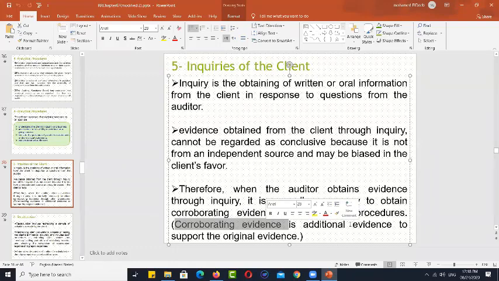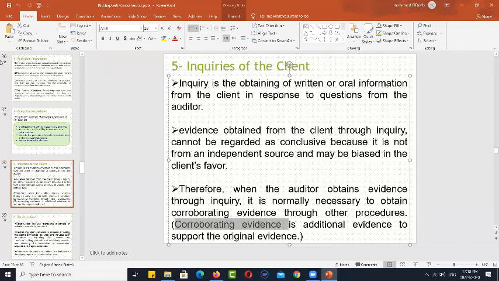For example, I asked for a list of all the employees working in the company. The client provided me with a list including 50 employees. I have to go to the Social Security Authority and check how many employees are registered there under the name of the company.